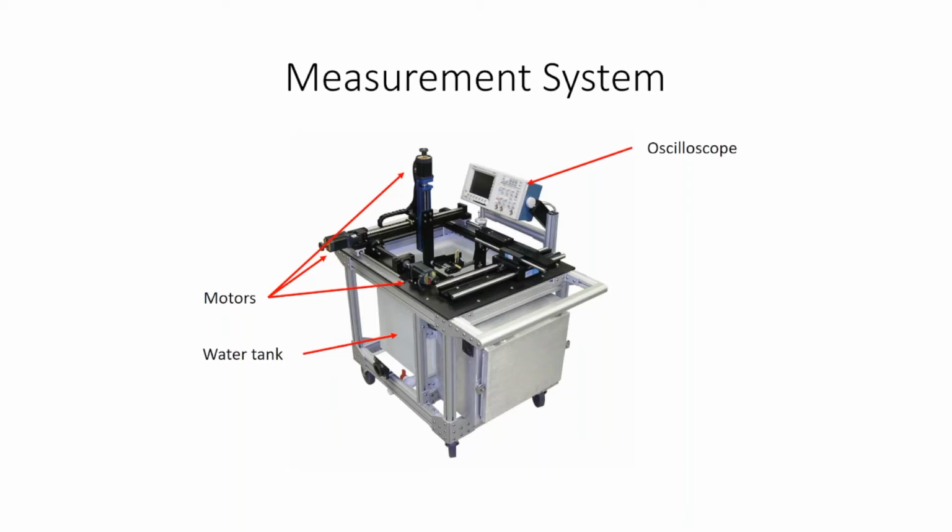The water tank itself is approximately a 0.5 meter cube and contains 25 gallons of water roughly. It's important to note that accurate positioning is required because the beams measured are often quite small.